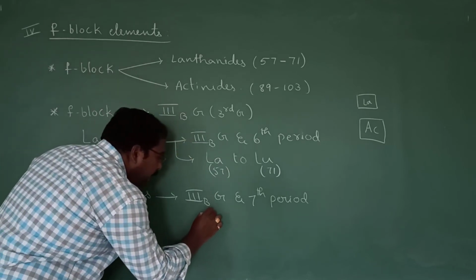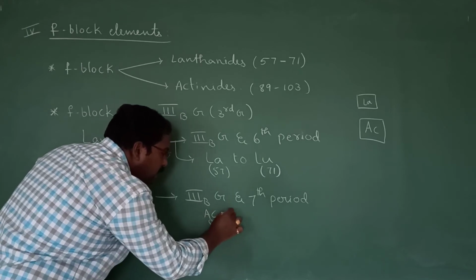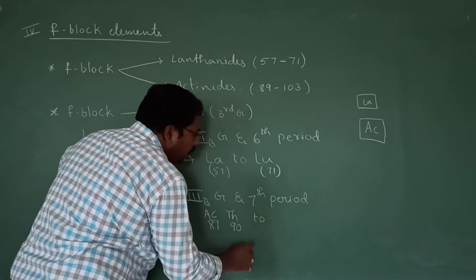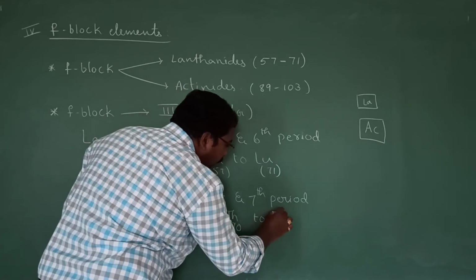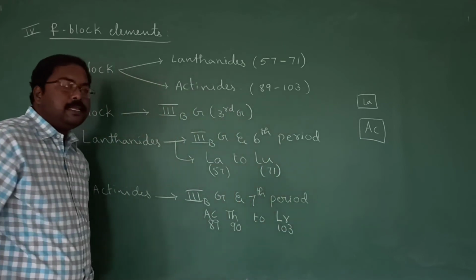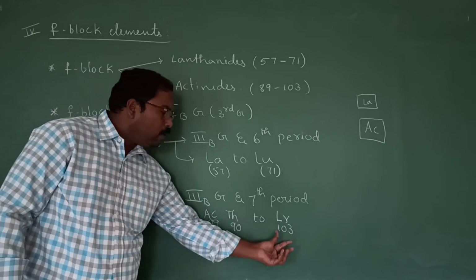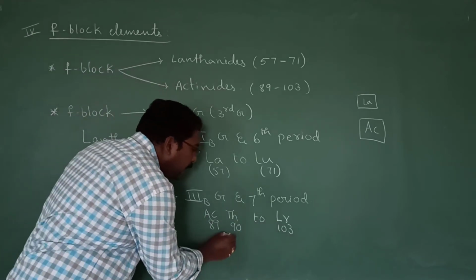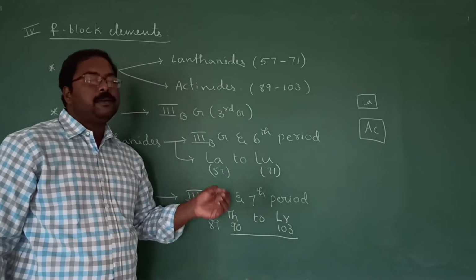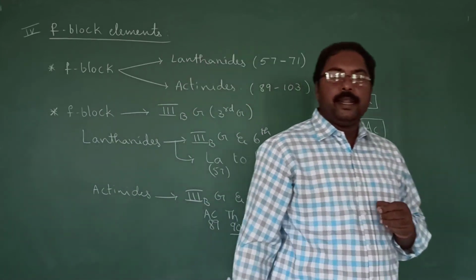Actinium's atomic number is 89, and next thorium comes, so from 90 to 103, that is Lr, known as lawrencium. So the 14 elements from thorium to lawrencium belong to actinides.